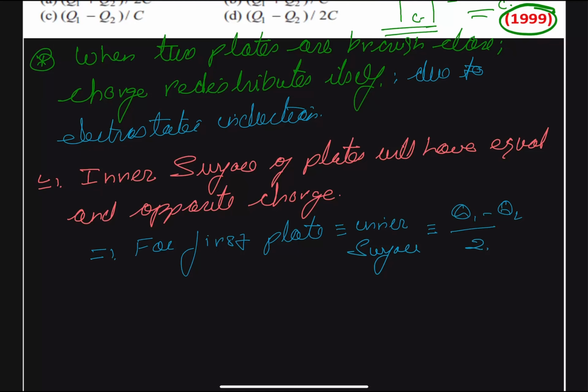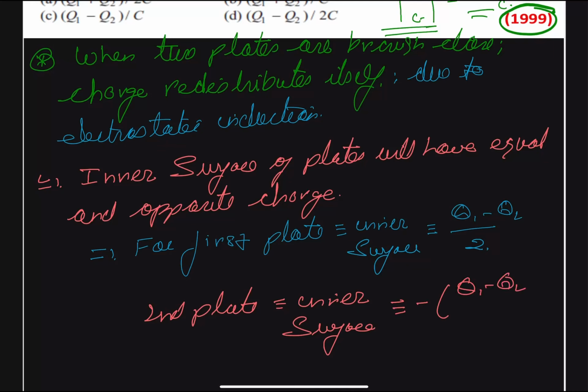And for the second plate, inner surface, it will be the same but with opposite polarity. So this will be minus (Q1 minus Q2) divided by 2.